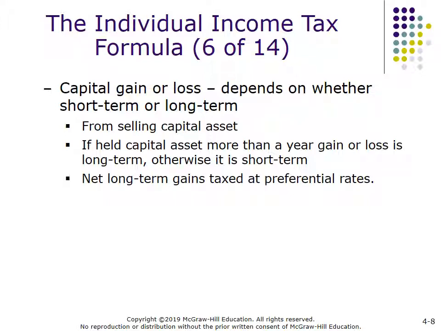It tells us what a capital asset is not. A capital asset is not an accounts receivable, it's not inventory, and it's not an asset used in your business. So if your asset qualifies as one of those three, it's not a capital asset. If it doesn't, then it is. Some common examples of capital assets are personal assets you use, investment assets such as stocks and bonds.